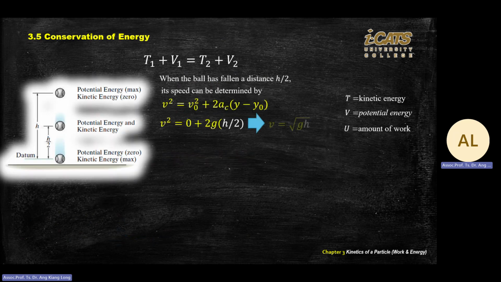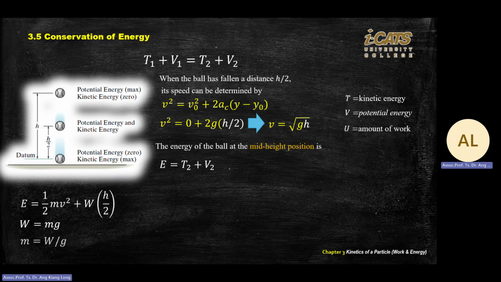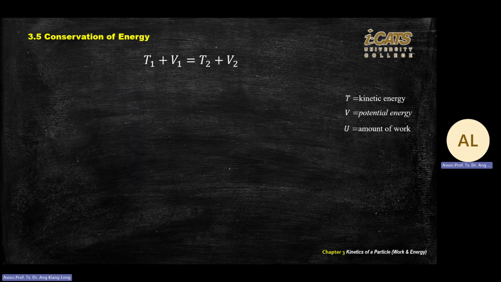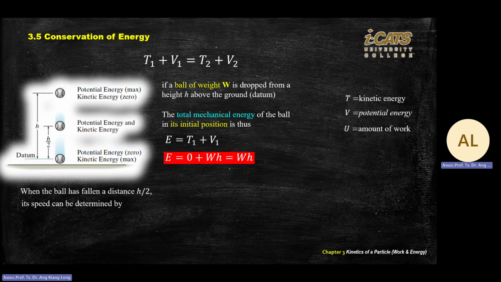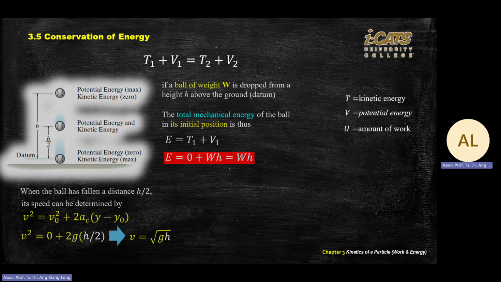The rest you read. At the end, you arrive at the same equation also. These three slides are just proof that energy does not change. It means energy does not change. You can prove from position 1 to position 2 to position 3, the magnitude of the energy is the same. These three slides you read through.